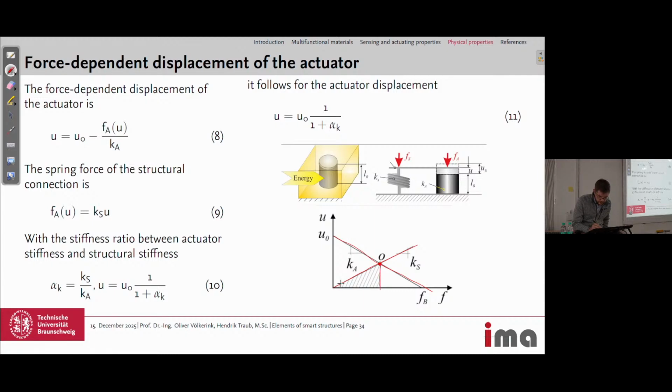The area under this curve is the work which can be performed by the actuator, which is integrated into the structure. It can only deform up to this point, because otherwise the actuator is not strong enough to deform the structure.